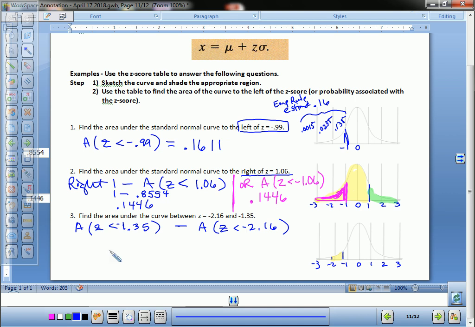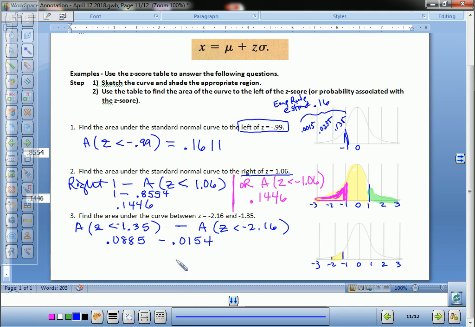So when we look up negative 1.35, what do you get? 0.0885. Now let's look up negative 2.16. 0.014. Is that what y'all got?